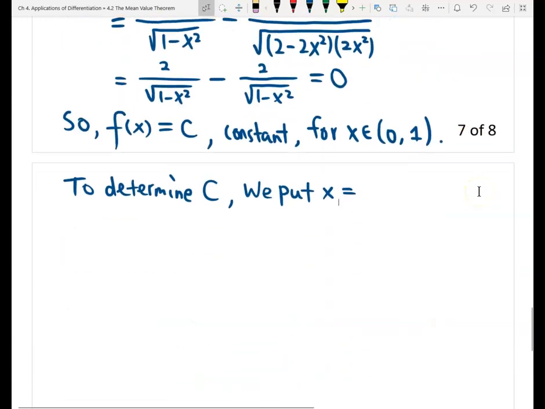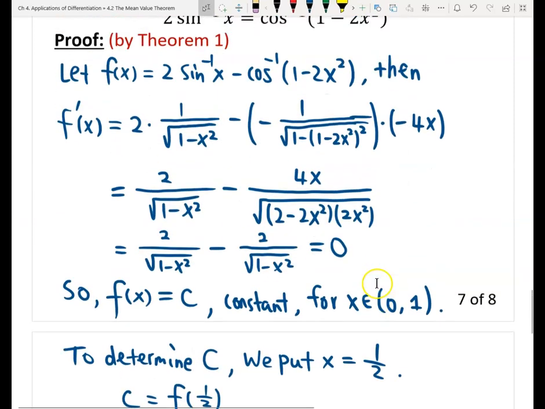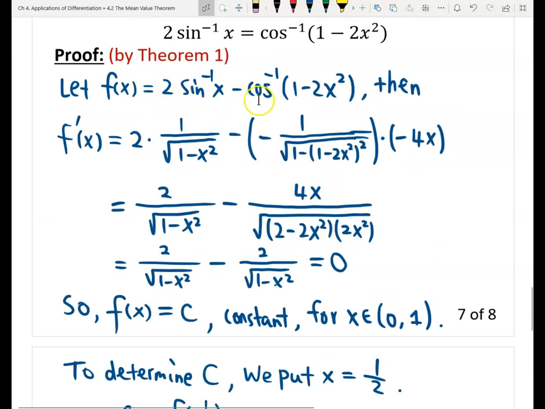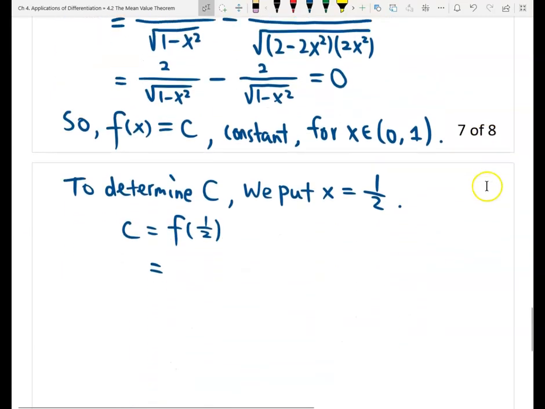I will put x equals 1/2 into the function, right? And then what do we get? We will find c. Now it's just calculation. c should be equal to f at 1/2, right? What is f at 1/2? If we go back to the function, it's 2 times the inverse sine minus the inverse cosine. So remember that.